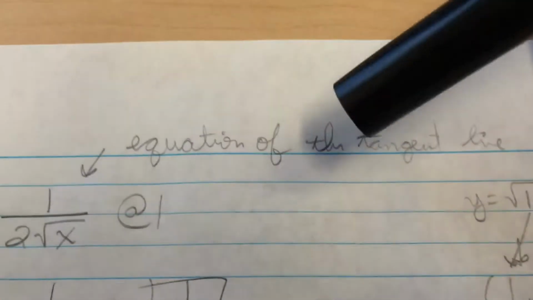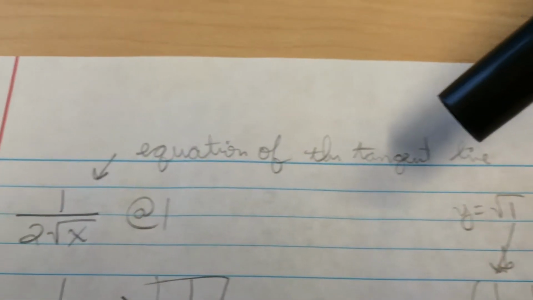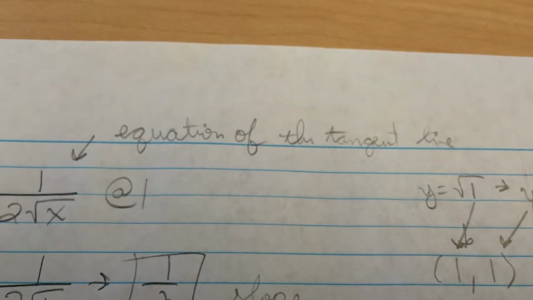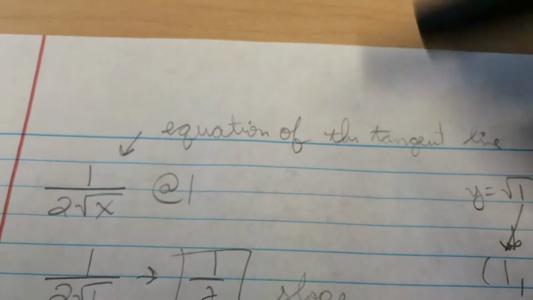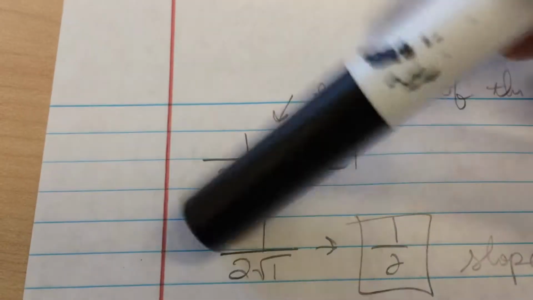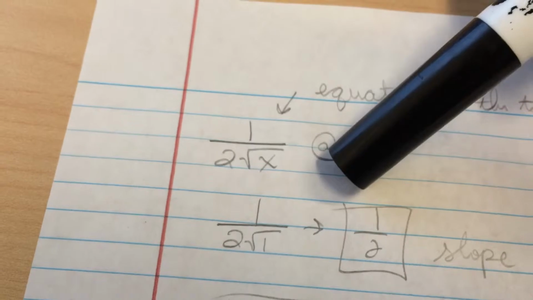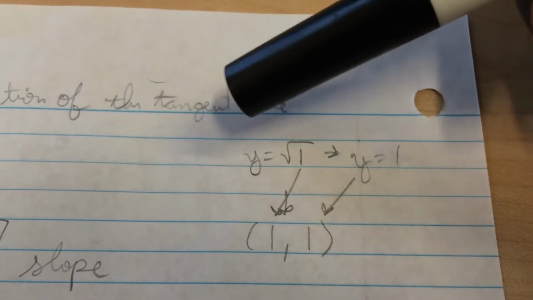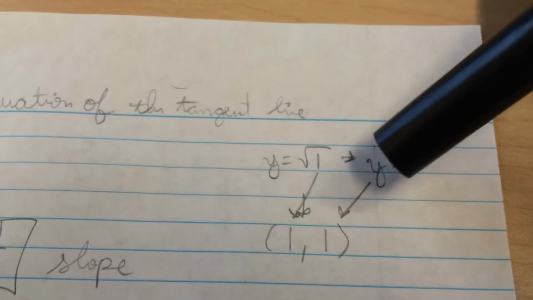This is the equation to get the slope of the tangent line at any point on the function square root of x. So this is the function to get any point, but we wouldn't do it at 1. What we need to remember is that when you plug 1 in, y equals 1.